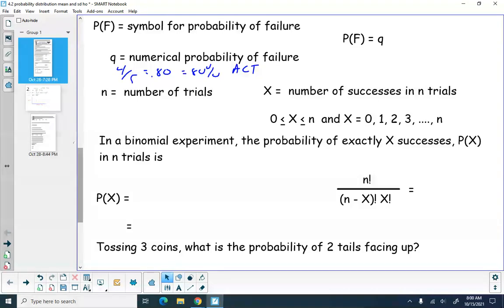In a binomial experiment, the probability of exactly x successes is signified by P of x. I want to have x number of successes. How do we calculate this? We calculate this as n factorial divided by x factorial times n minus x factorial, times p to the x times q to the n minus x.